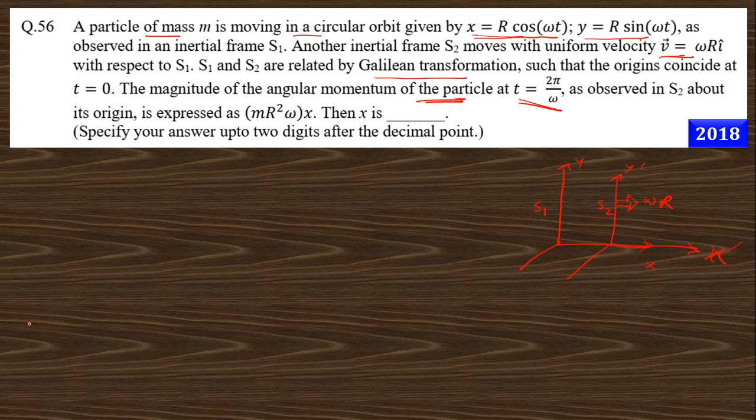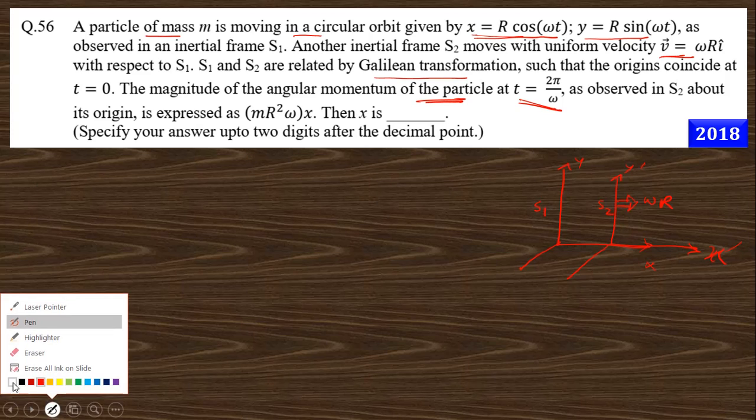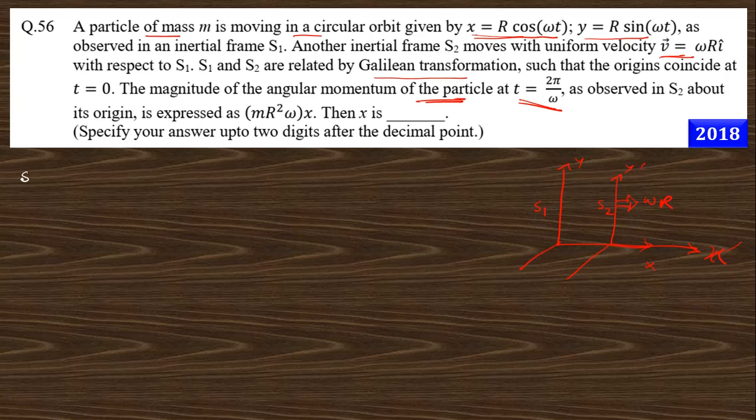So the r vector in the S2 frame, the position vector in the S2 frame, can be written as r prime.